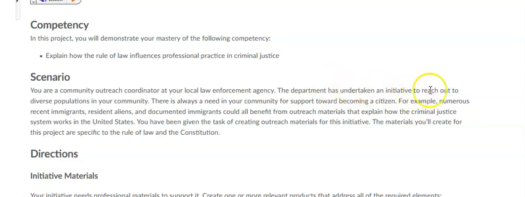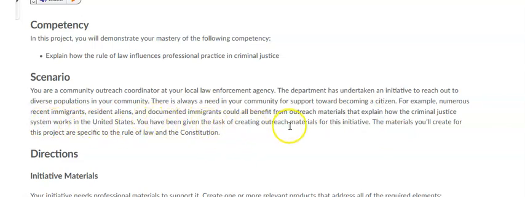The department has undertaken an initiative to reach out to diverse populations in your community. So you really have to be very clear, because you have people who may not understand exactly what you're saying, but your job is to make sure that they do. There's a need in the community for support toward becoming a citizen. For example, numerous recent immigrants, resident aliens, and documented immigrants could all benefit from outreach materials that explain how the criminal justice system works in the United States.